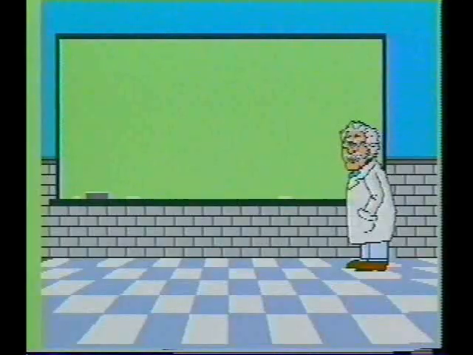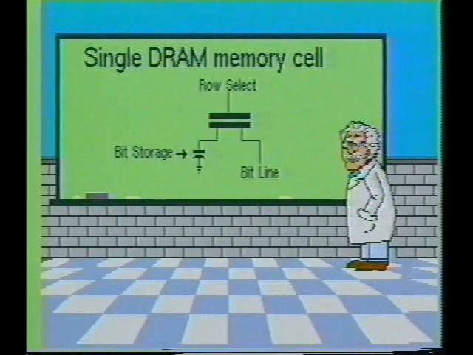Let's review the most recent material we have discussed. The memory cells contained within the dynamic RAM device store information as a charge on a capacitor connected to a single metal oxide semiconductor transistor.